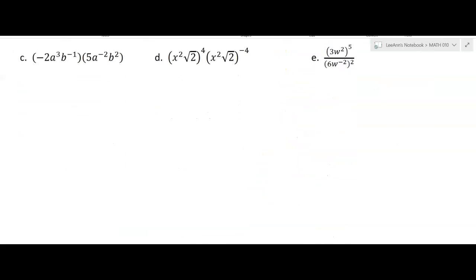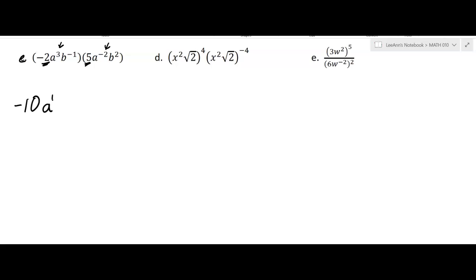Okay, what else do we have here? We got a bunch of stuff being multiplied. Why is that C? I think this should be an E, but anyway, we'll skip over that part. See the negative 5, or I'm sorry, the negative 2 and the 5? You're just going to multiply those. And then A, you've got the 3 here, and you've got a negative 2. This is all multiplication, so we're just adding exponents. That's a to the 1st.